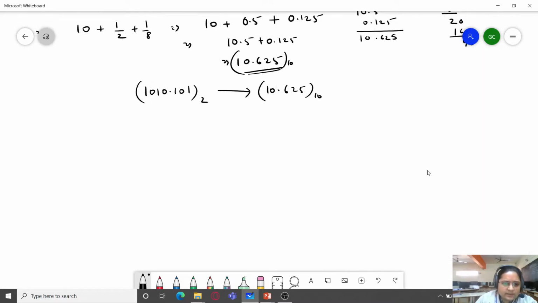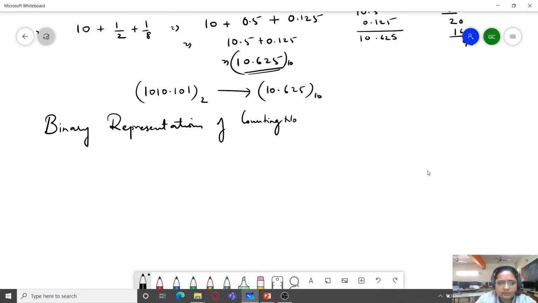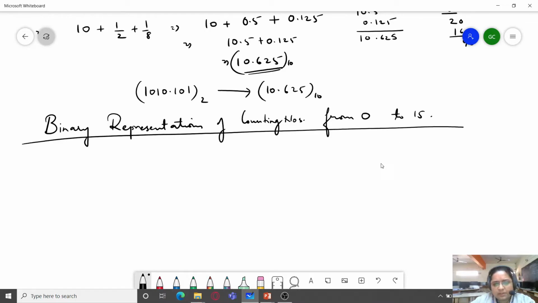Also, I am going to represent the binary representations of counting numbers from 0 to 15. So how will they be represented?